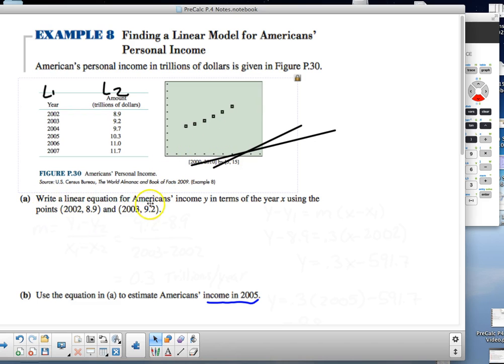We're going to write a linear equation for Americans' income, Y, in terms of the year X, using the points 2002, that's 8.9, and 2003, 9.2. That's these first two. Now, if we do this, we will get an equation that uses those 2 points.